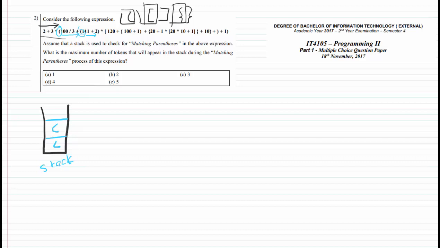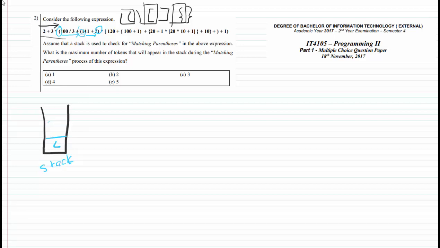Whenever we encounter a closing parenthesis, we check on the stack whether there's a counterpart matching parenthesis. Now we check the topmost item of the stack and see whether that's the matching pair. In this case it's a matching pair, so it will cancel out and this memory location will be available again. Now the top of the stack item is this one.